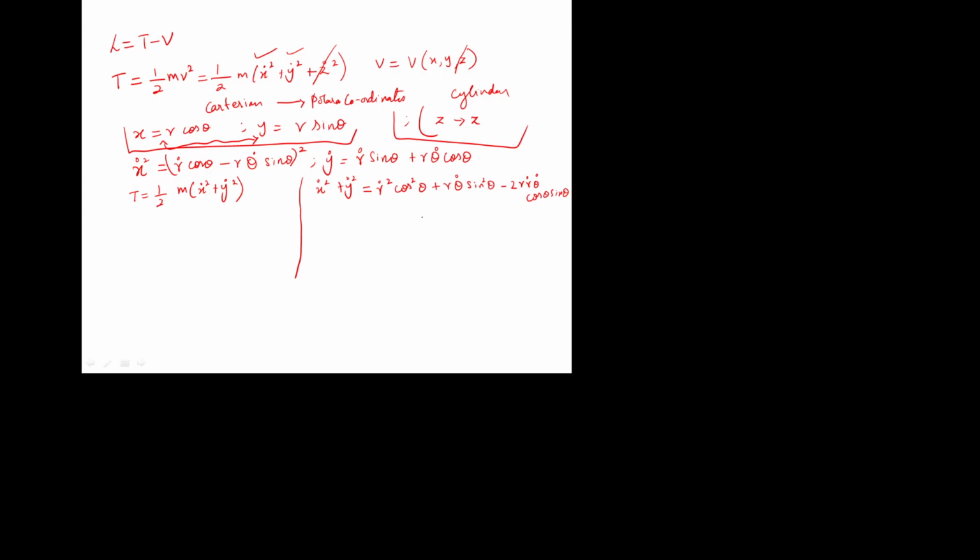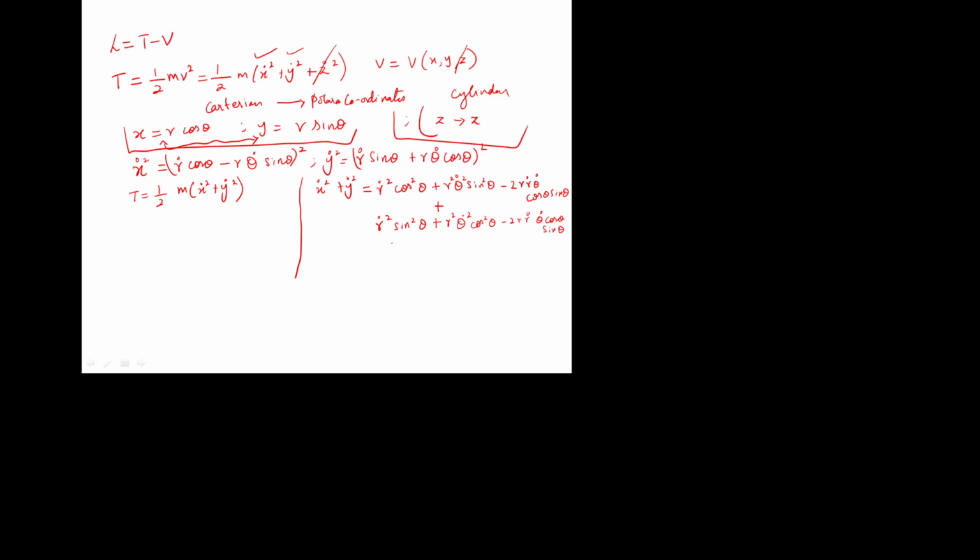This is for x dot. For y dot squared, we have r dot squared sin squared theta plus r squared theta dot squared cos squared theta plus 2 r r dot theta dot cos theta sin theta.